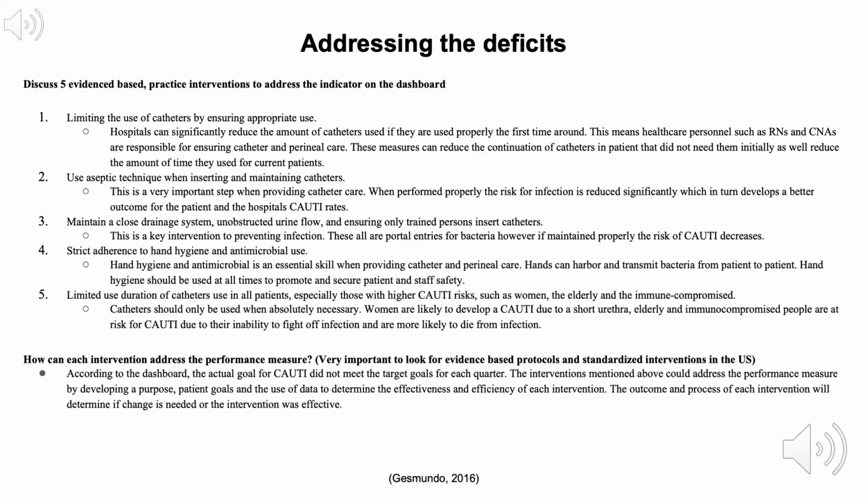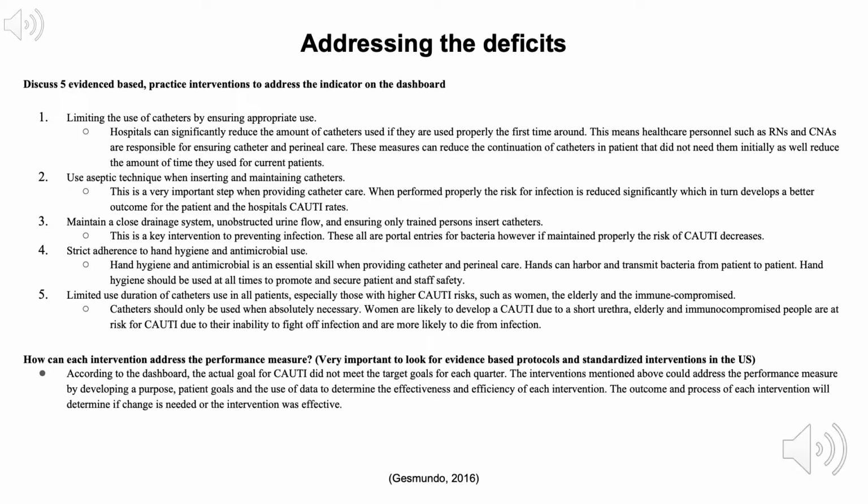The fourth intervention is strict adherence to hand hygiene and antimicrobial use. Hand hygiene and antimicrobial is an essential skill when providing catheter and peritoneal care. Hands can harbor and transmit bacteria from patient to patient. Hand hygiene should be used at all times to promote and secure patients and staff safety.